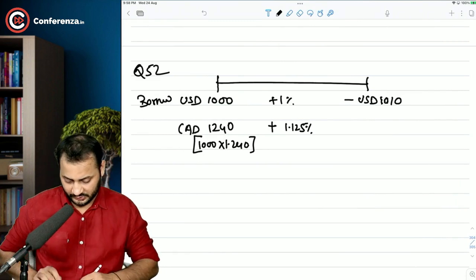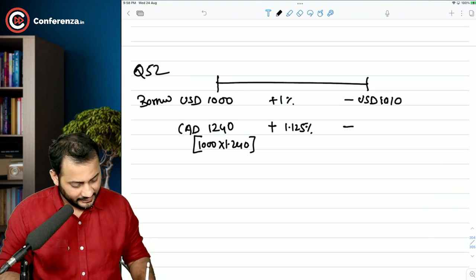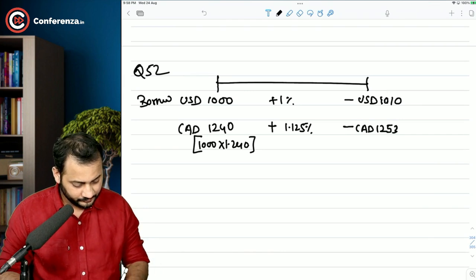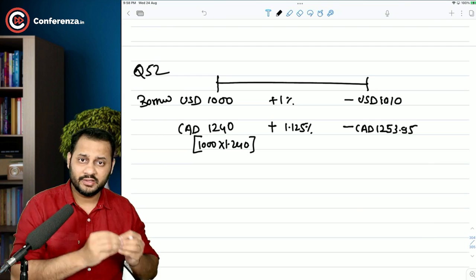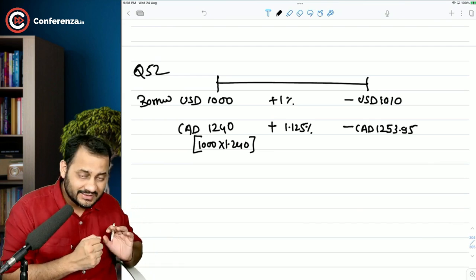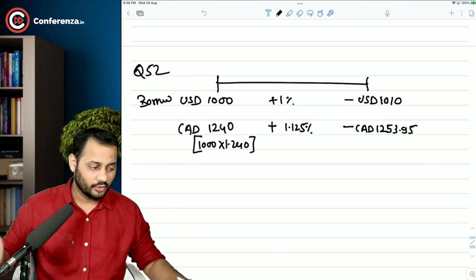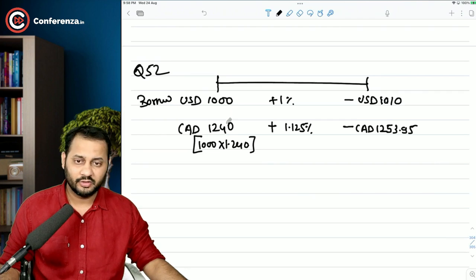Let's do the calculation. So what will happen at the end? We will have to pay the Canadian dollar of 1253.95. Now understand, we have to pay the Canadian dollar. That means we will first have to buy Canadian dollar by selling US dollar. We have to pay it as a borrowing. We borrowed this Canadian dollar, right?